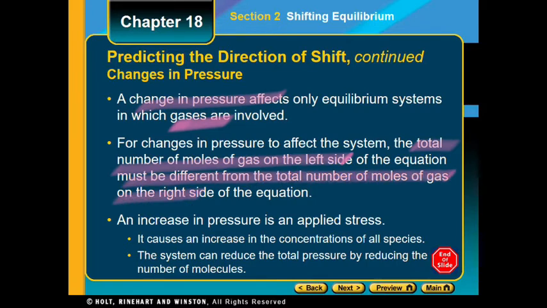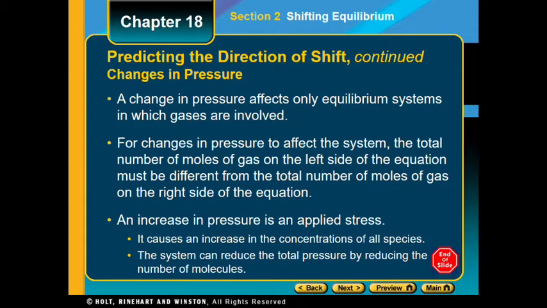So if you're looking at, for instance, the one that we just had in section 1, nitrogen plus oxygen yields 2 nitrogen monoxides. As I look at that, that is 1, 1, a total of 2, and we have 2 on the other side. So if we're talking about a different number of moles of gas, you've got to do something to change the moles of gas there.